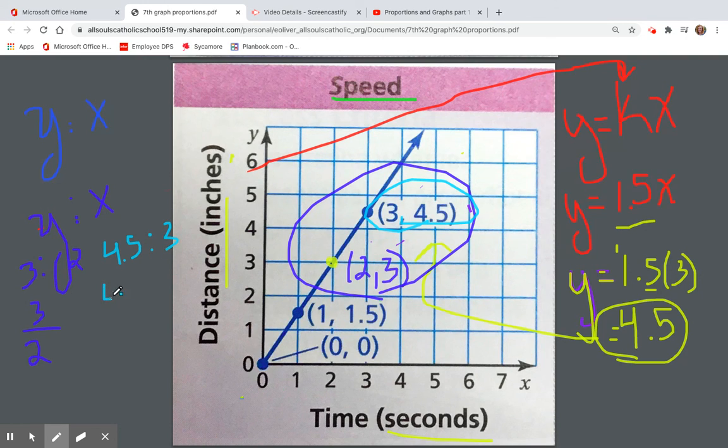So when I find my value, it's 4.5 over 3. When I reduce that down, I will get 1.5. And when I reduce this one down, I will also get 1.5. So they have the same value, which means this is my unit rate when I do my ratio of y to x.